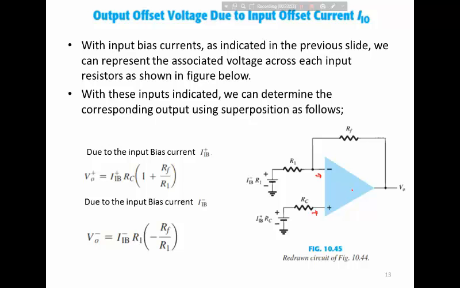That will be an inverting amplifier, and the gain of an inverting amplifier is minus RF over R1, so the output will be equal to the input times the gain, negative IB minus into RF. So this is the output due to the non-inverting input, and this is the output due to the inverting input.